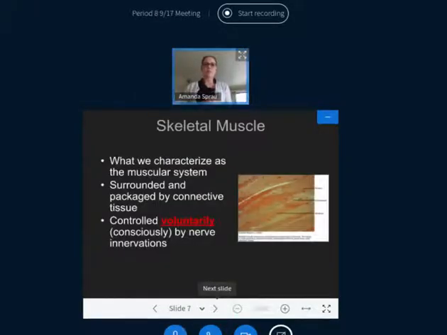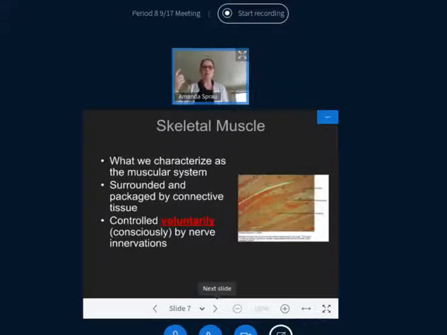Skeletal muscle is what we characterize our muscular system around. It's surrounded and packaged by connective tissue. We'll get to see that, but sometimes you can even see that connective tissue. It almost looks like a silvery color, but we'll see that later on. Our skeletal muscle is controlled voluntarily.